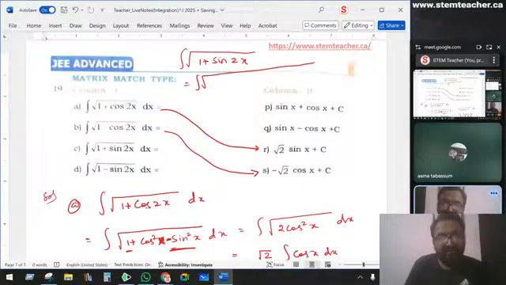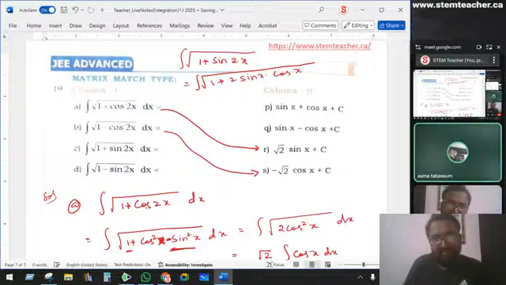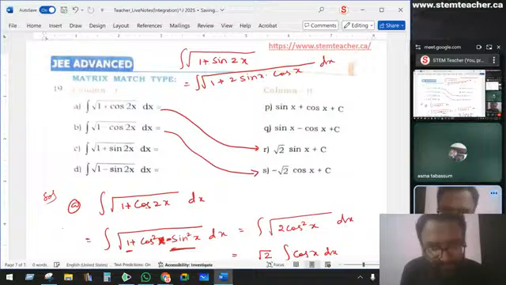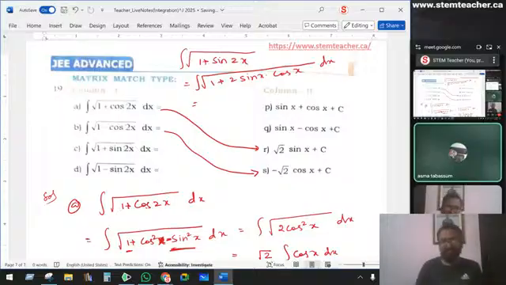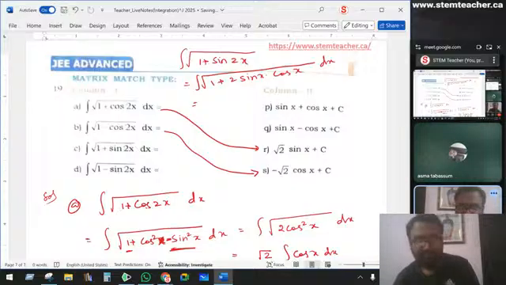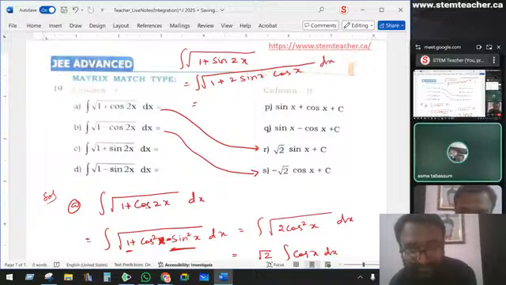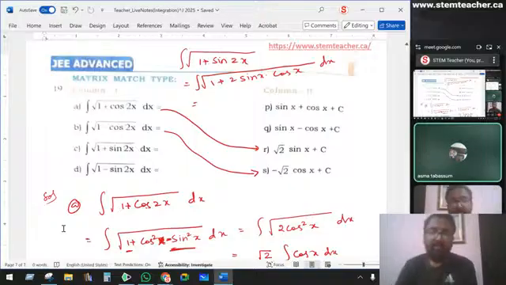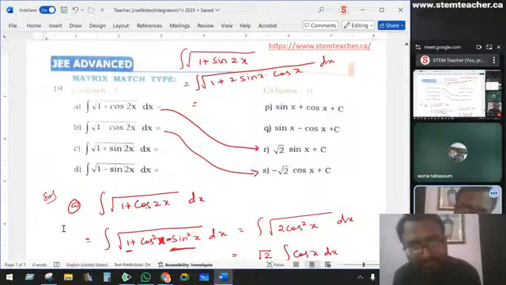Integration under root of 1 plus 2 sin x cos x dx. What is 1?